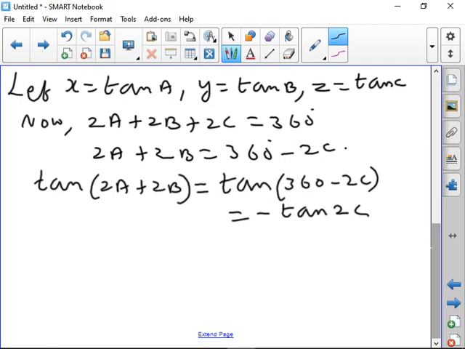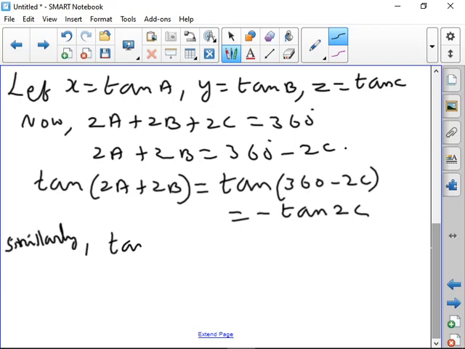So as we saw in the previous one, writing the identity and cross multiplying and doing all those, similarly what we get?